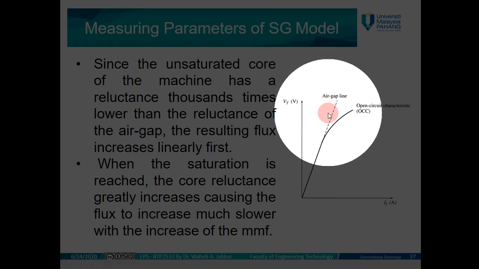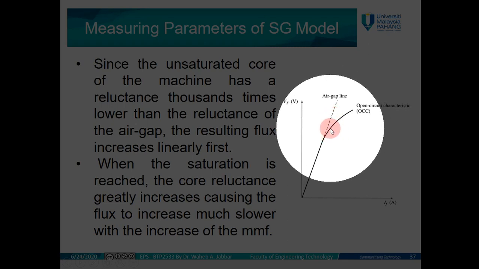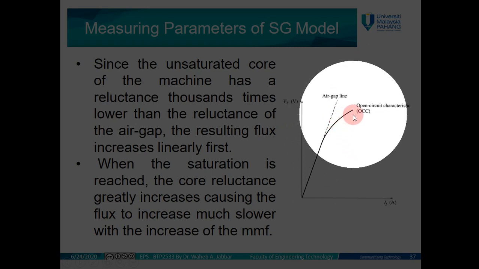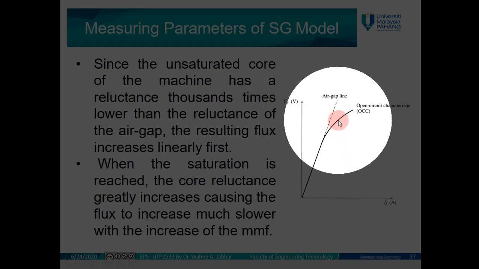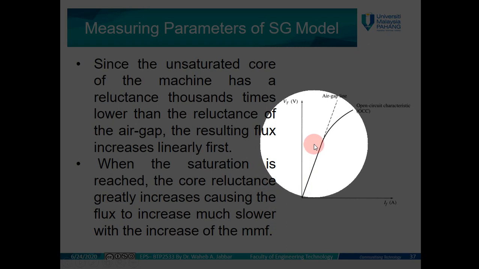When the core reaches the saturation point, then as we increase the field current, the voltage will increase only slightly, not like in the beginning. In the beginning, as we increase the field current, the voltage increases very fast.